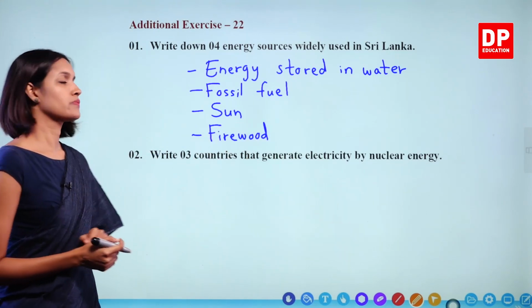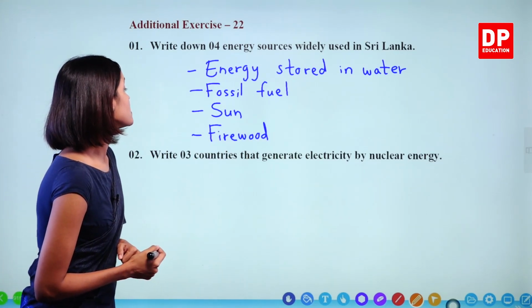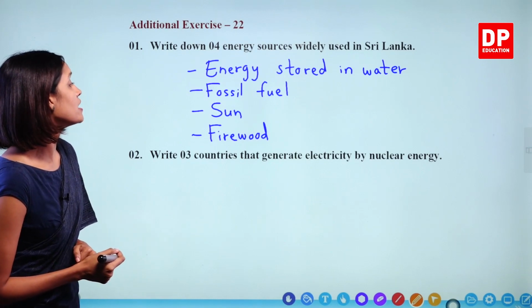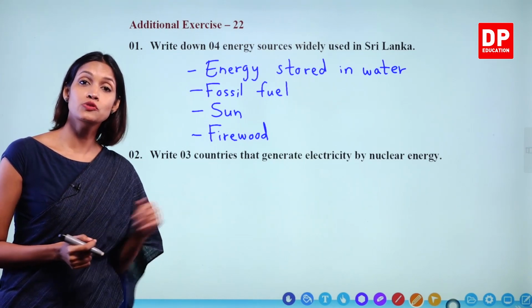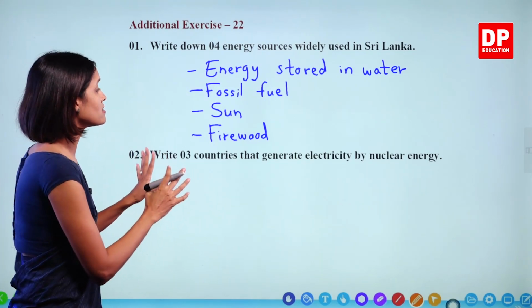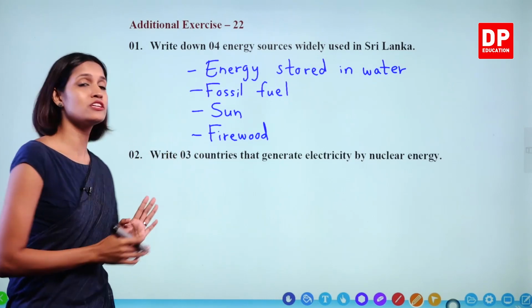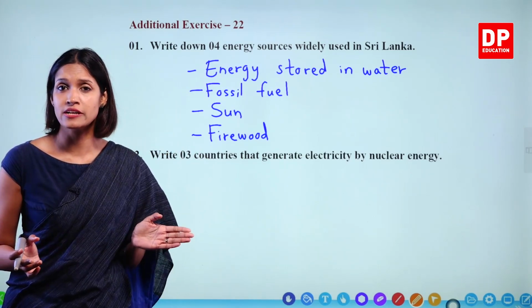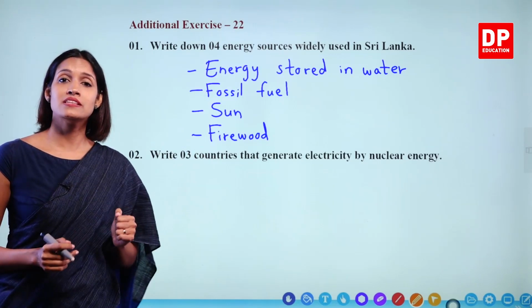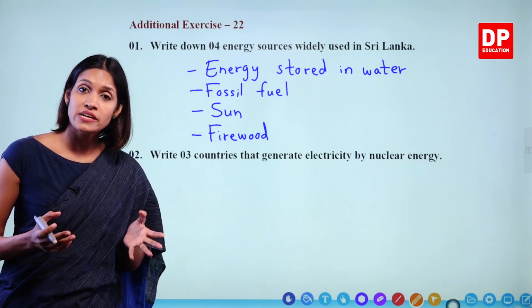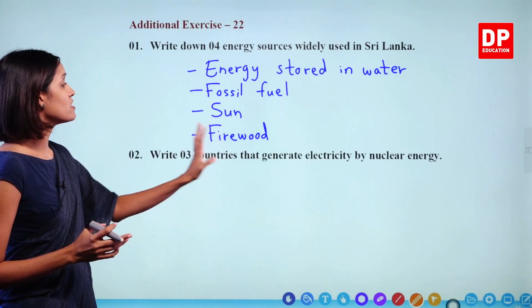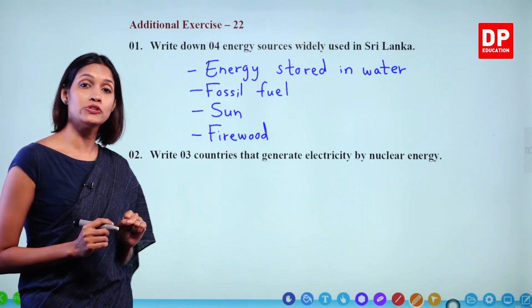Number 2. Write 3 countries that generate electricity by nuclear energy. Not all countries generate electricity using nuclear energy, only some countries. United States, Russia, China, France, they generate electricity using nuclear energy.